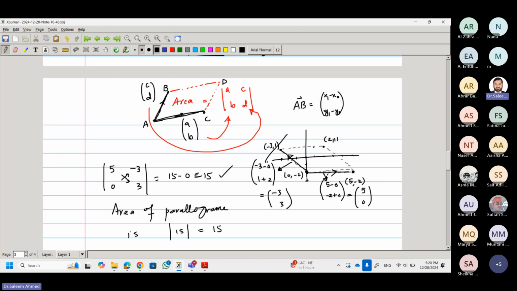Let's say if this answer was negative, negative 15, I will just make it minus, will become plus. So we take the absolute value at the end. If it is already positive, no need to take the absolute value, because positive value gives you positive absolute value, no issues. Okay, so that is your area of parallelogram.